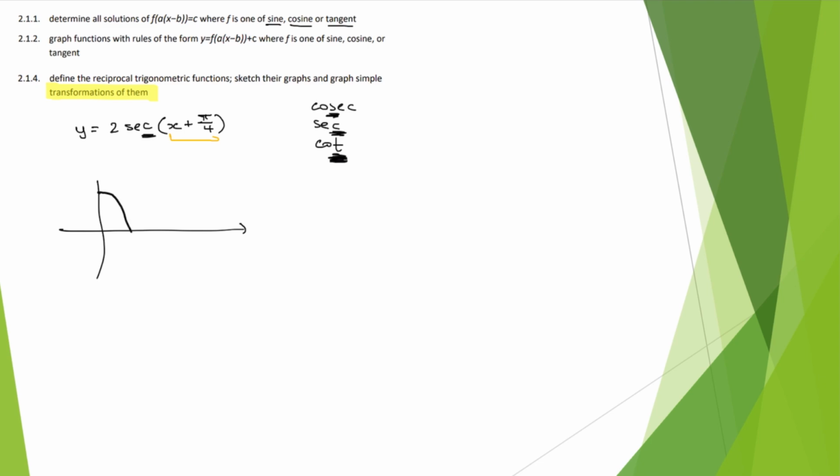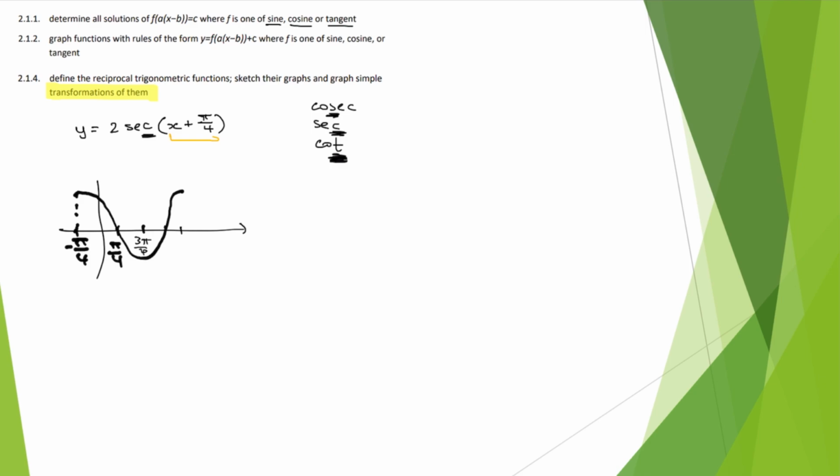So if this is my initial function, I would be shifting everything back pi on 4 units. So this corresponds to negative pi on 4. This corresponds to pi on 4. This corresponds to 3 pi on 4.